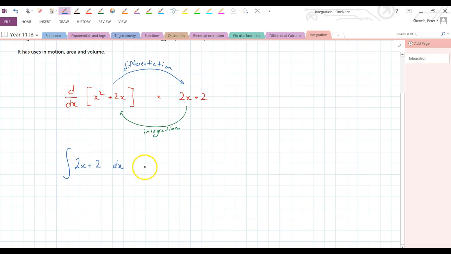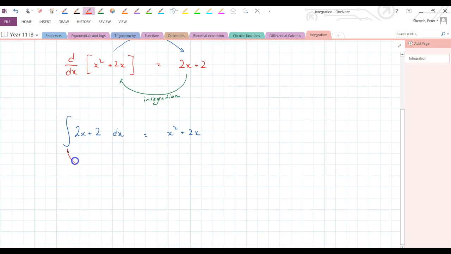So this is equal to, well, we've got the answer here, haven't we? x squared plus 2x. That's going back the other way. That symbol means integrate 2x plus 2 with respect to x.